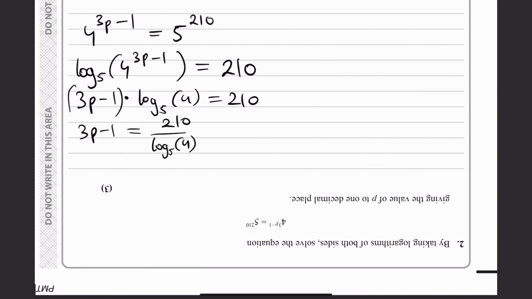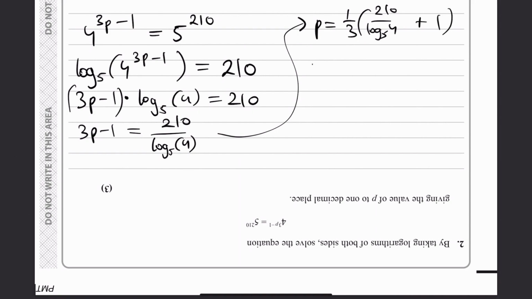Log base 5 of 4, like so. And now we can solve for p. I'll just do this in one step. So 1/3 times 210 times log base 5 of 4, plus 1. Okay, so small hiccup, but it's all right.